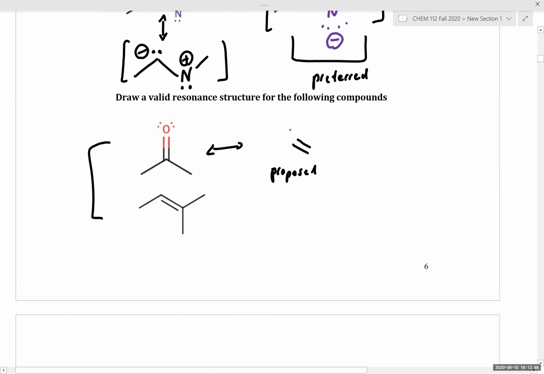You have a resonance structure that looks like this. Okay, and if you have any other proposed structures, I'll try to draw them out in the chat and then we'll discuss. So this is one of the student proposed structures.